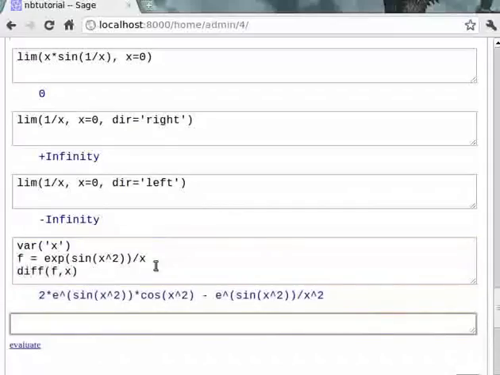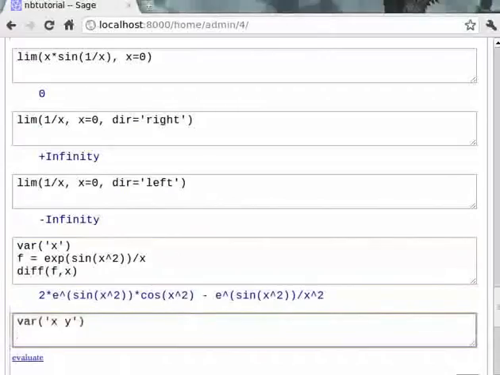Then we can also obtain the partial differentiation of an expression wrt one of the variables. Let us differentiate the expression exp within brackets sine y minus x square by x, wrt x and y, that is with respect to x and y.